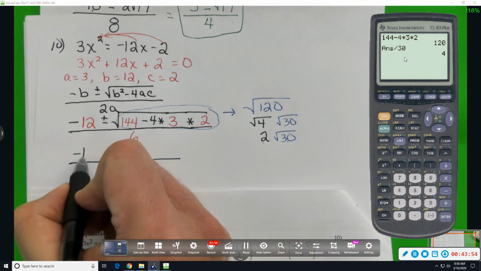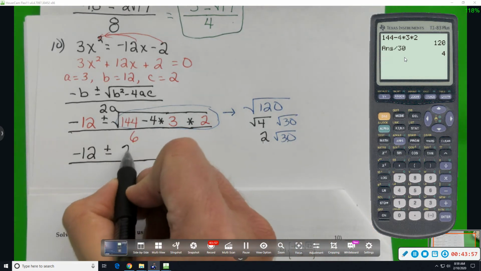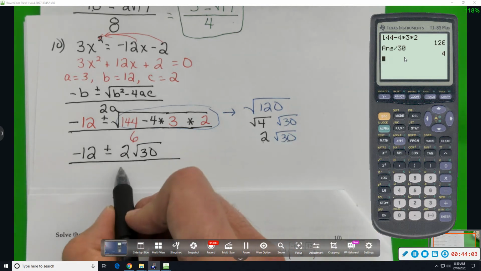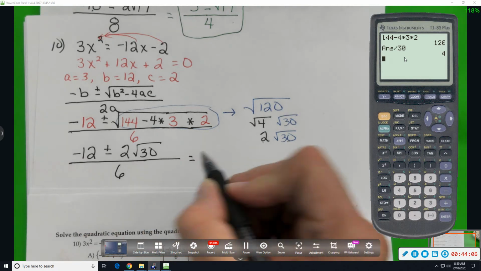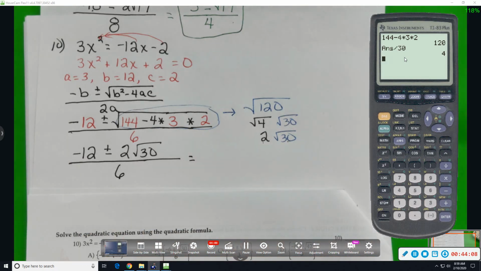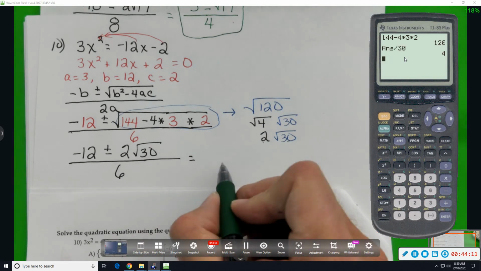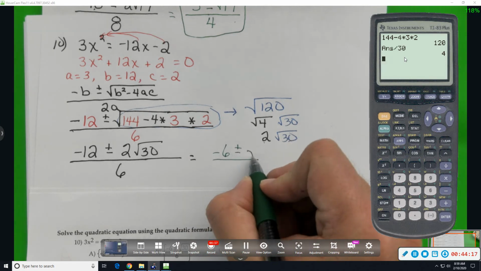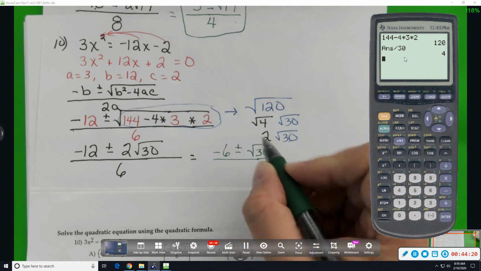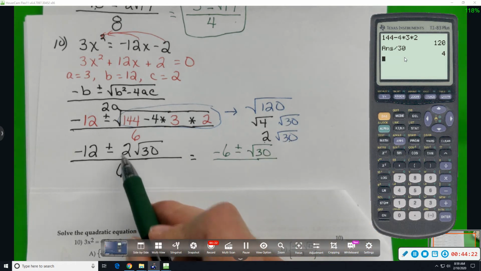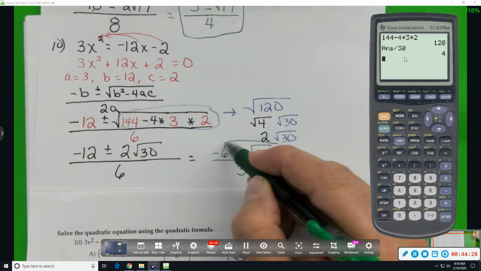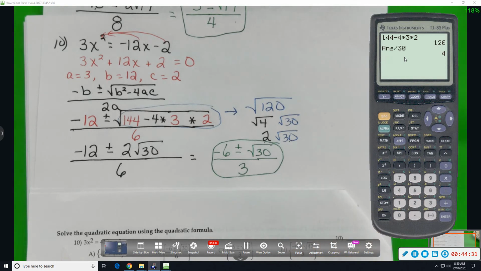So negative 12 plus minus 2 square root of 30 all over 6, which, surprise, surprise, what can we divide above and below by? Divide them by 2, we would get a negative 6 plus or minus square root of 30. 2 over 2 is just a 1. 6 over 2 is 3. So negative 6 plus or minus the square root of 30 all over 3.